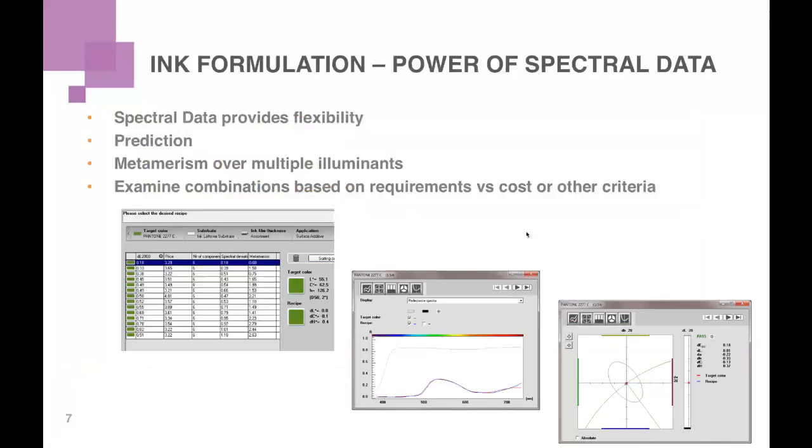And that's essentially the trick that we use in ink formulation typically today. So we have that spectral data, which gives us all this flexibility, and we can predict what it's going to look like on different substrates. We can look at how it's going to look under different illuminants.